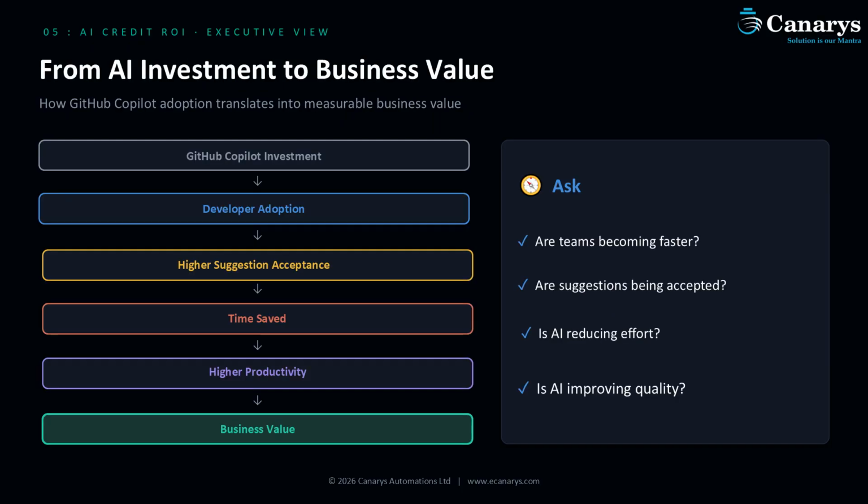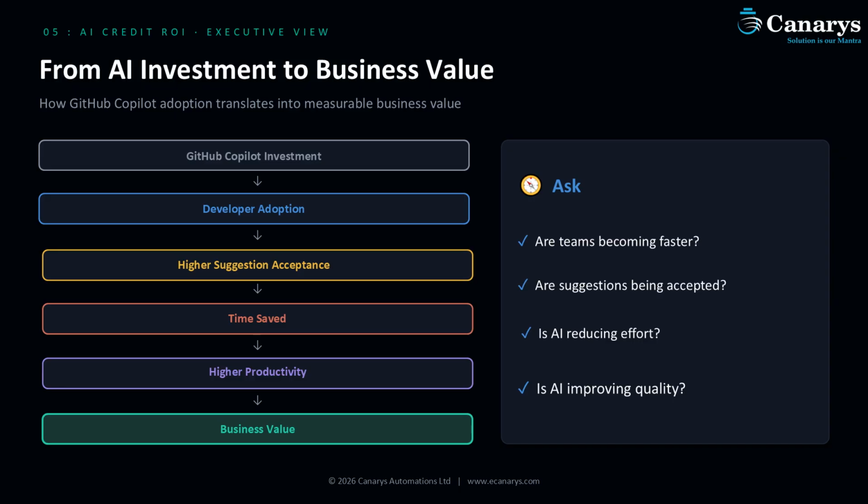We've now seen the metrics that matter. The final step is understanding how they connect together. Every ROI journey starts with the investment in GitHub Copilot. As developers adopt Copilot and use it effectively, they accept more AI suggestions, save valuable development time, and become more productive. Those productivity gains ultimately translate into measurable business value.